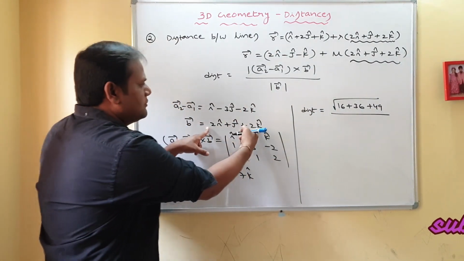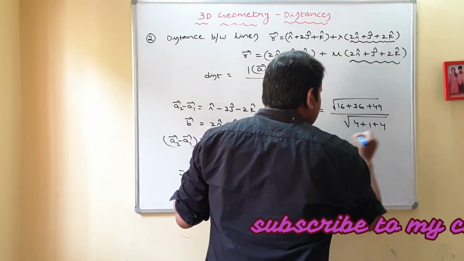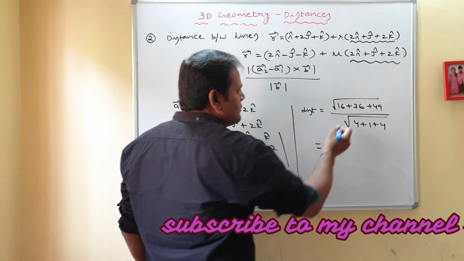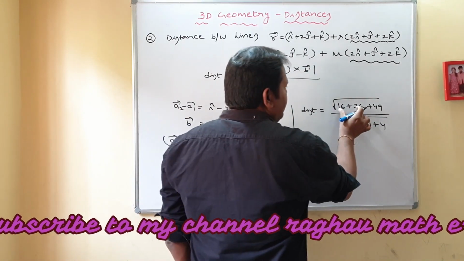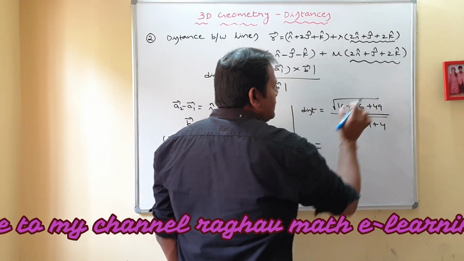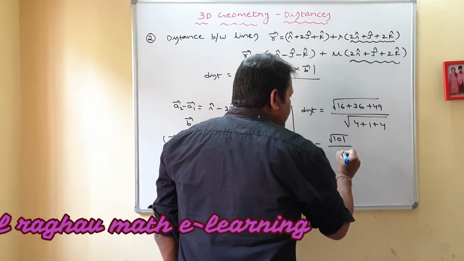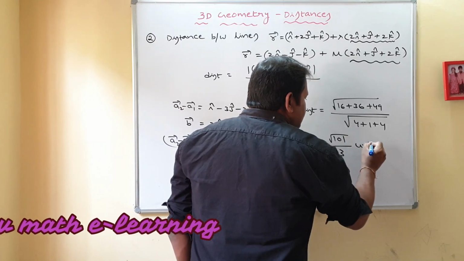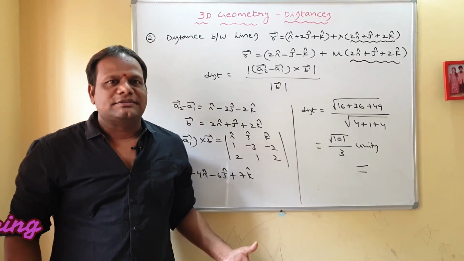Modulus of b bar is root over 4 plus 1 plus 4, is it? So here you see that 36 plus 16 is 52, so 52 and 49, it is root 101 by 3 units. So this is the distance between two parallel lines. Thank you.